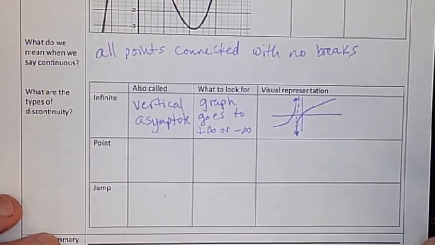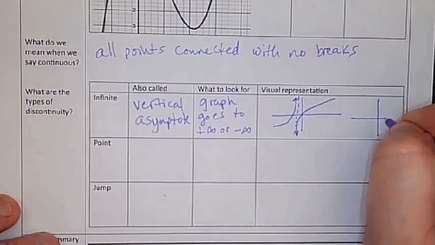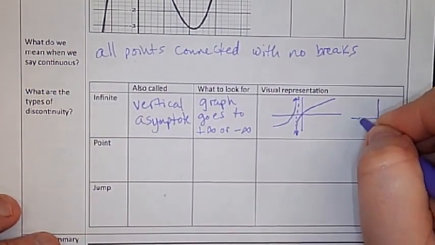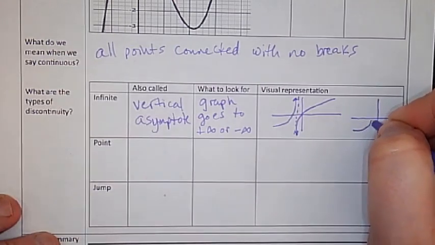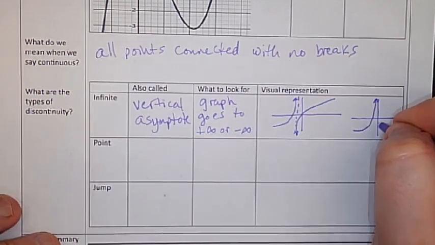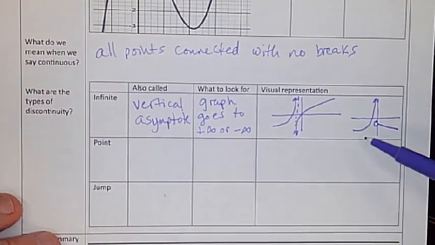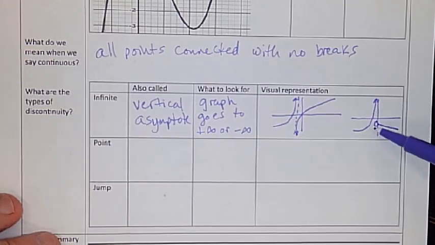We have seen other examples where a function will go up to positive infinity like this, and then we'll have an open circle and a line going off to the side. But at this point, because one side goes to infinity, we say that this is an infinite discontinuity.